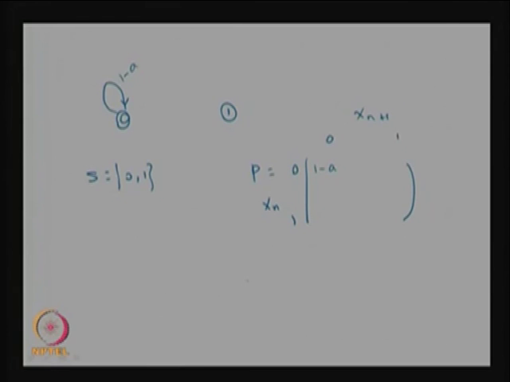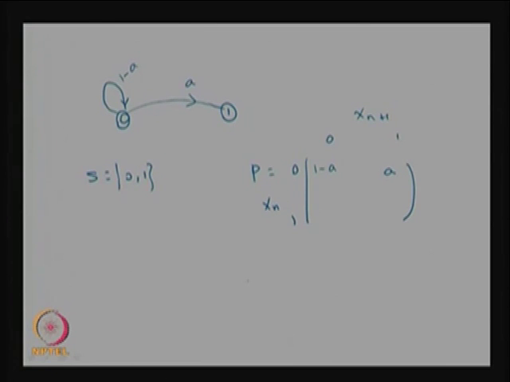The one step transition probability of the system moving from 0 to 1 is a. That means, if at the nth stage the transmitted digit was 0, at the n plus 1th stage the transmission will be the digit 1 with probability a.